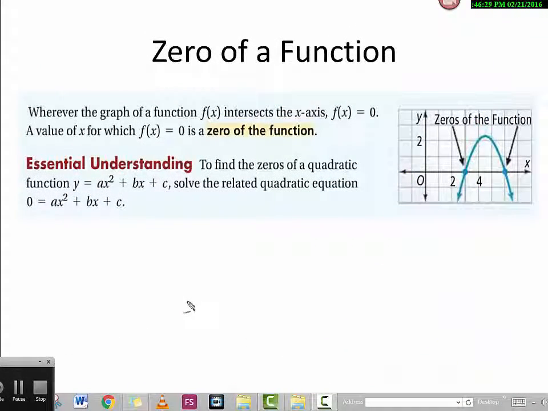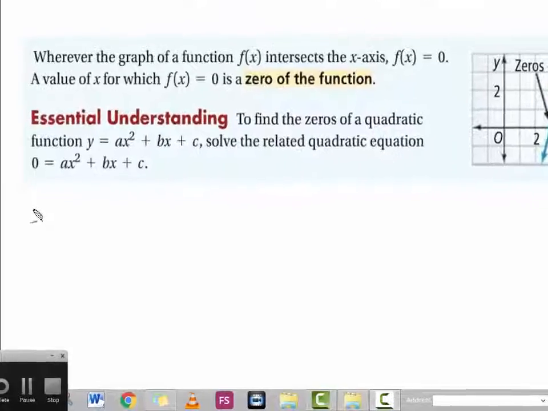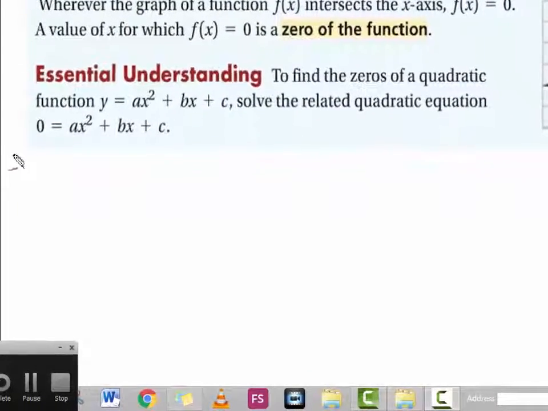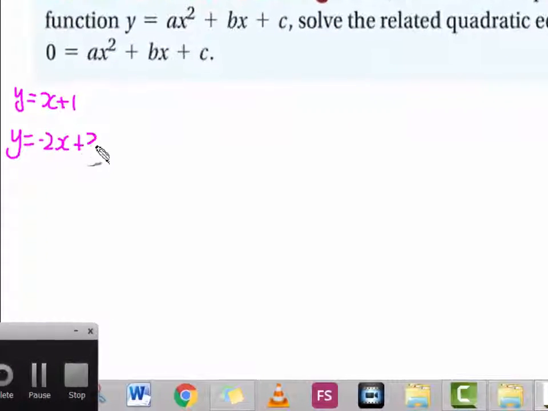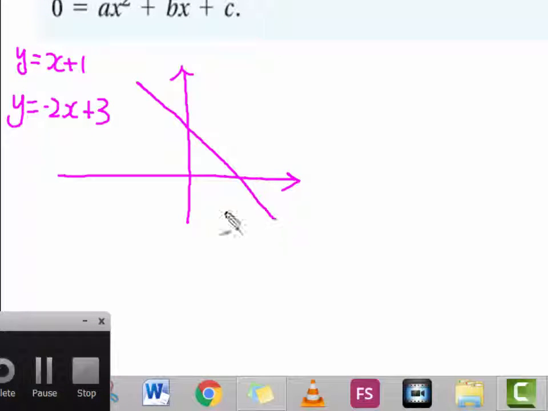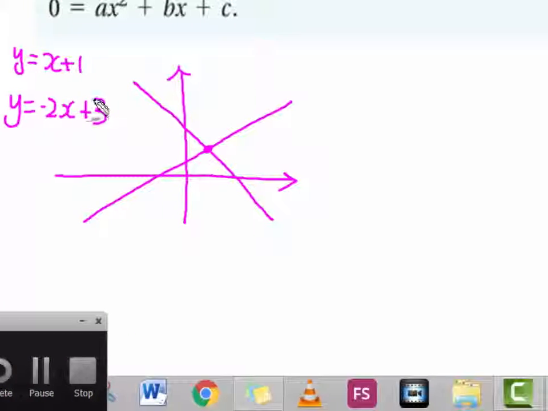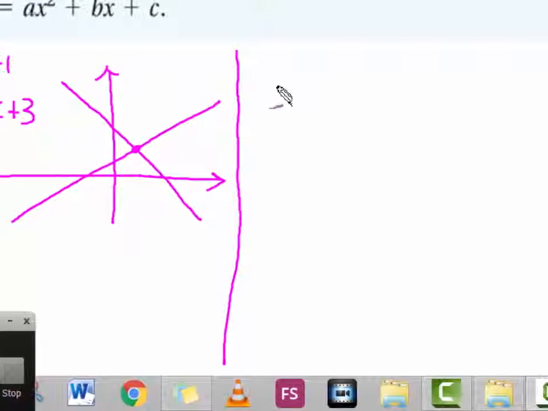The concept of the zero of a function is very important in solving a quadratic equation. Remember, when we solve a system of two linear equations, such as y equal to x plus 1 and y equal to negative 2x plus 3, we can solve the system graphically by drawing the two lines and looking for the intersection, because the intersection is the solution for the system. We are applying the same concept in solving a quadratic equation.